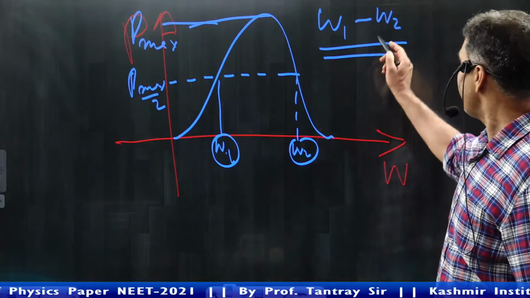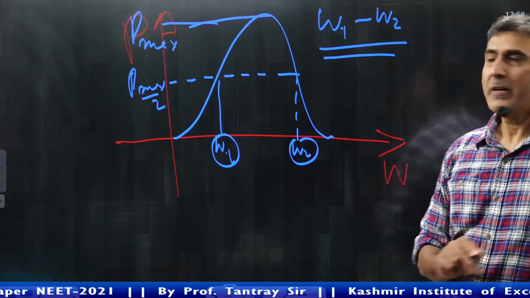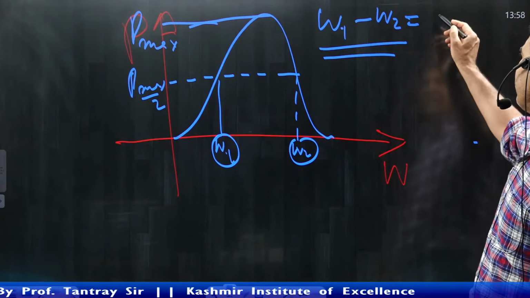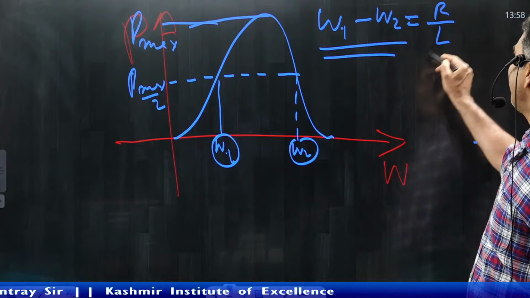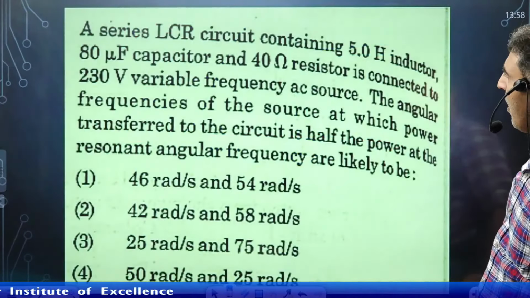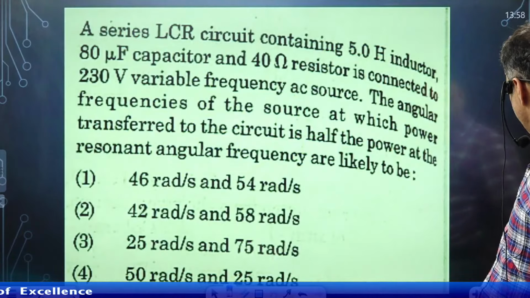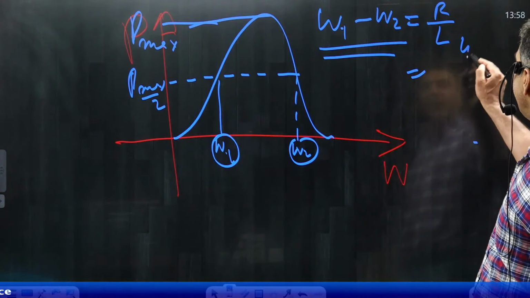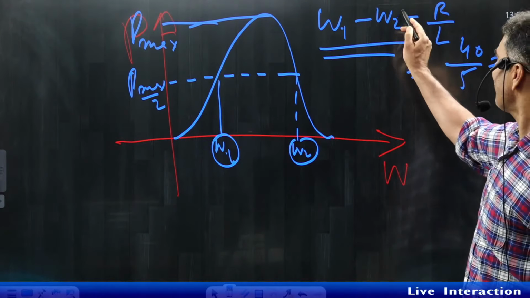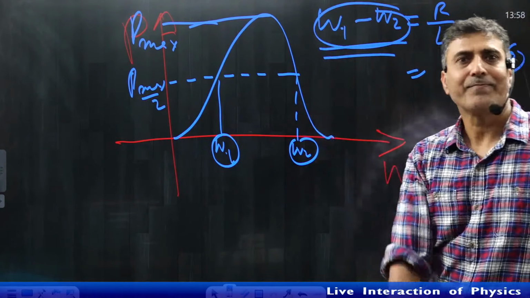So why not find omega 1 minus omega 2? That is certainly, from the procedure, R by L. R is 40, and L is 5, so the difference of the 2 frequencies must be 8.